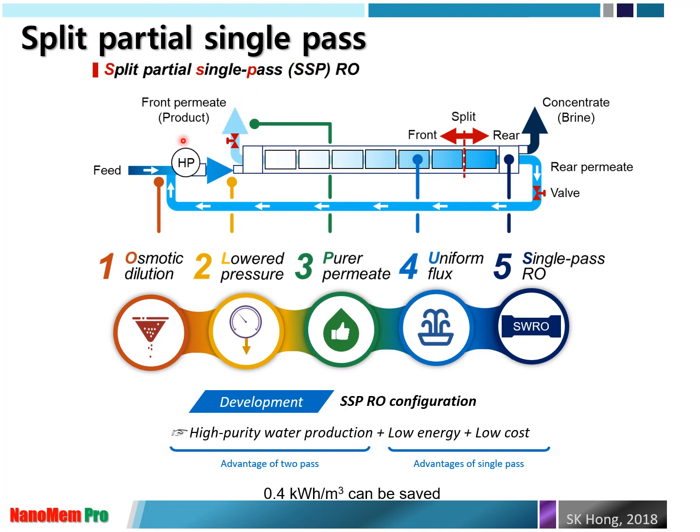So what you can control: the seawater goes to the pressure vessel and passes through the first module, second module, third module, and then they collect the permeate. But you can split within one pressure vessel.